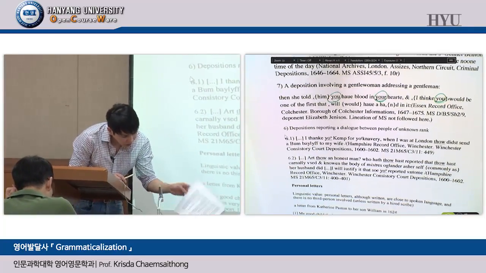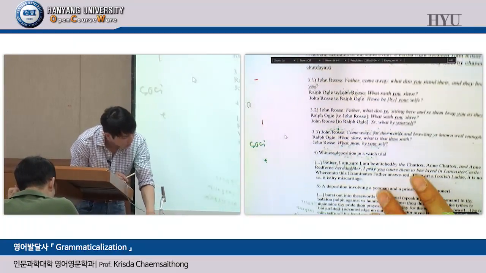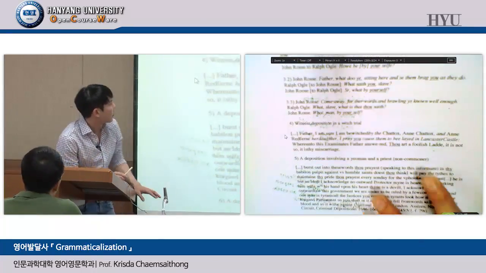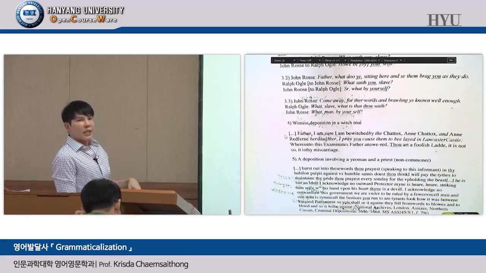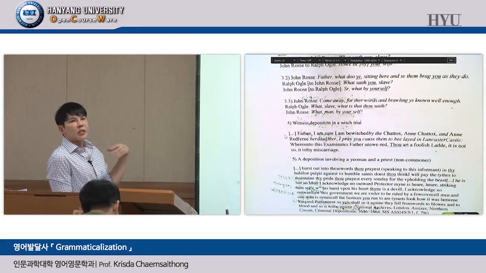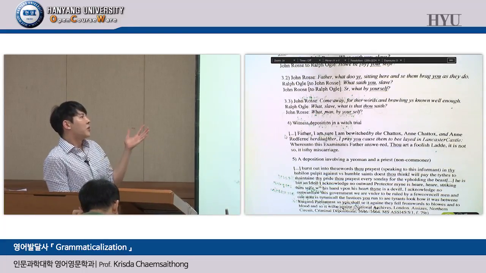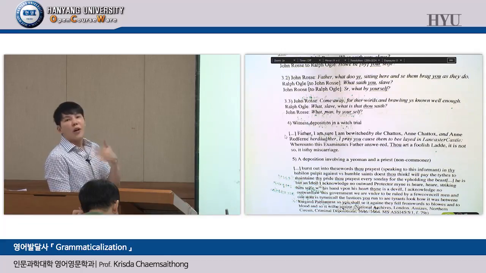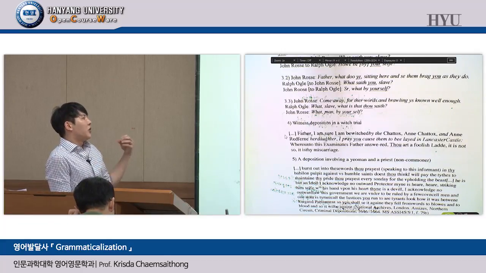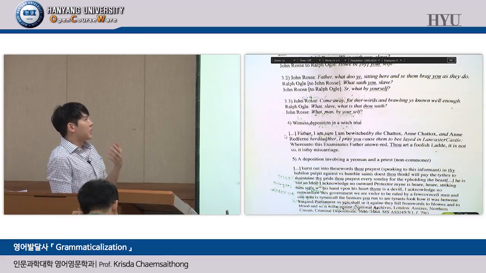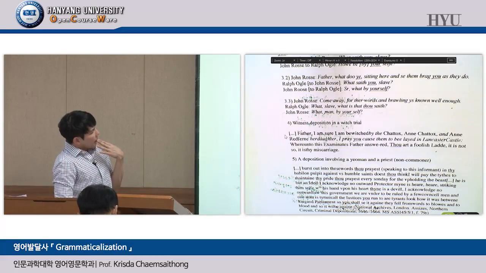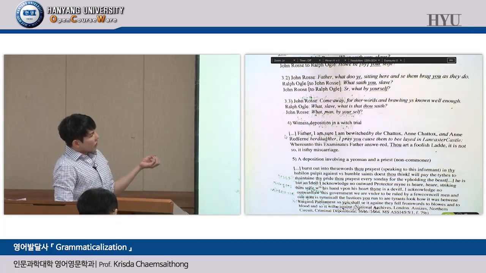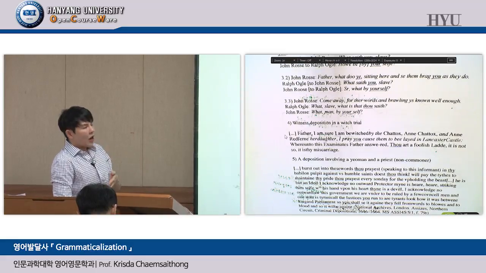One of the clear ones is number 4 also, if you look at number 4. Number 4 is a witness deposition in a witch trial. Witness deposition, so who accuses who of being a witch and uses magic to bewitch people and so on. So this is what a daughter tells a father, right?